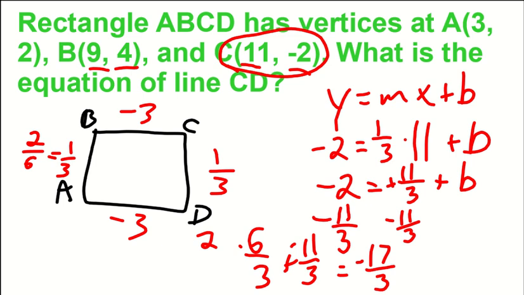So I ran myself out of space a little bit, but we got y equals 1/3 x minus 17/3. Any questions on that? Occasionally, you do see problems that have fractions that are like that, okay? So you just got to be able to do your elementary school math with fractions.